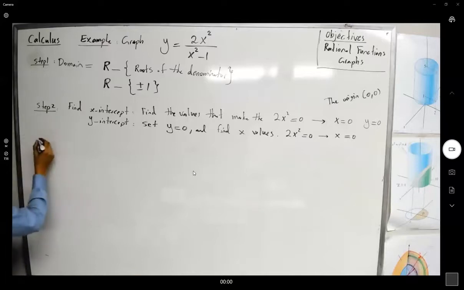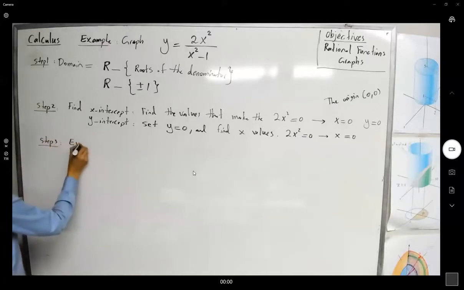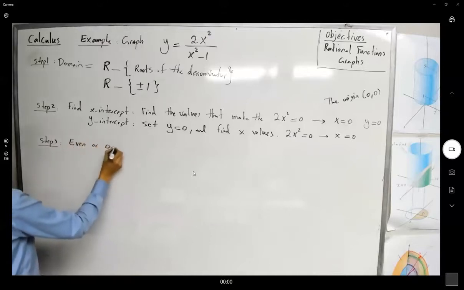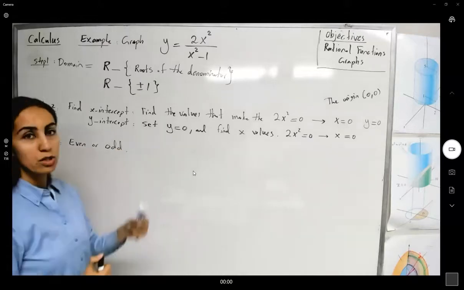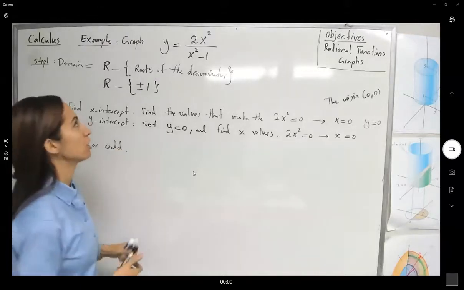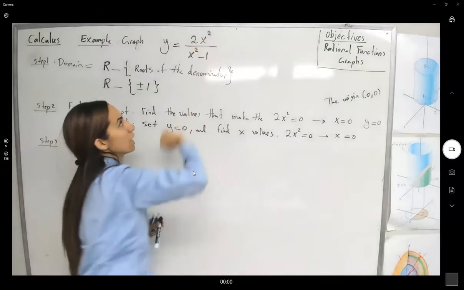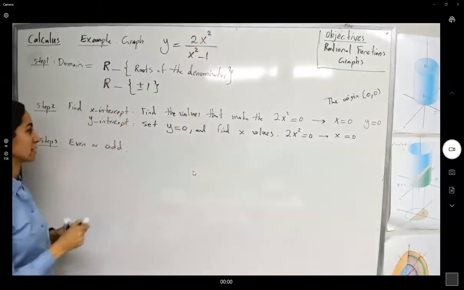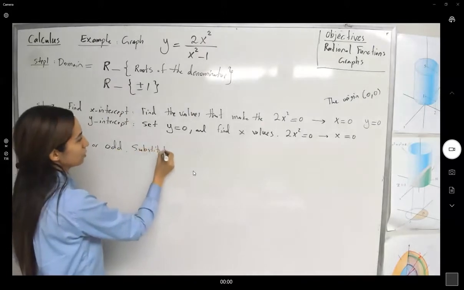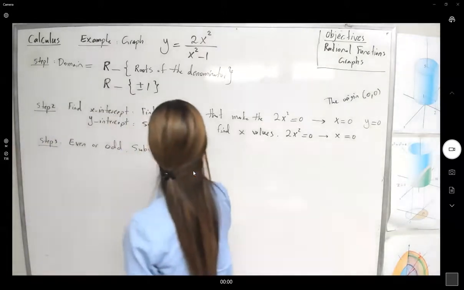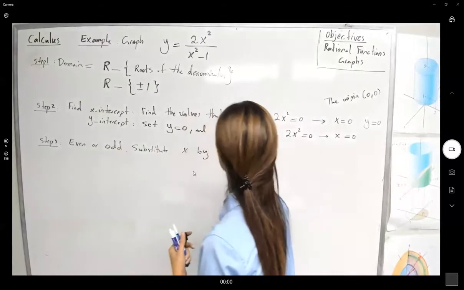Okay, after finding the x-intercept and y-intercept, we are interested in checking to see if we have an even function or odd function. Step 3, even or odd. To check this, we need to substitute x by minus x.